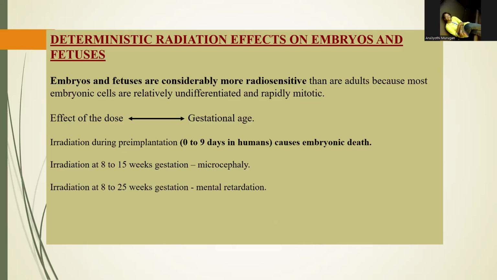If the radiation is between 8 to 15 weeks of gestation, there will be more effect, such as microcephaly, and if the exposure is between 8 to 25 weeks of gestation, there will be mental retardation. Basically, it affects the brain cells and the developing neuronal cells.